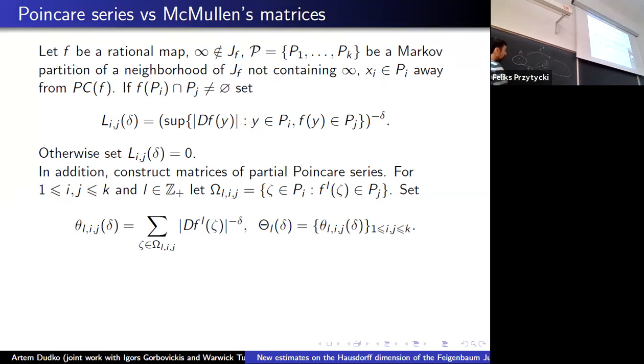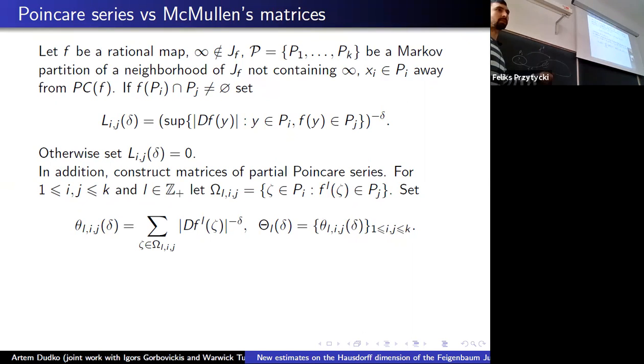So we have the map F, and for any integer L, we have a sequence of matrices. So for now, we just define sequences of matrices. For now, I assume that P is just fixed.